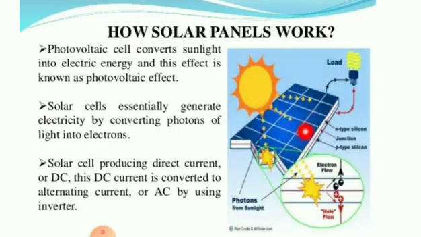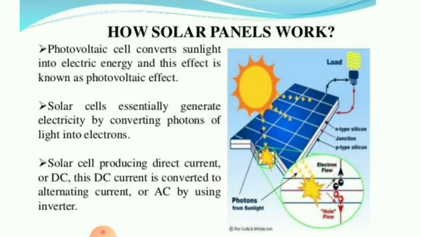Solar cells essentially generate electricity by converting photons of light into electrons. The solar cell produces direct current or DC. This direct current is converted into alternating current or AC by using an inverter. Which one is converting DC into AC? Yes, inverter.